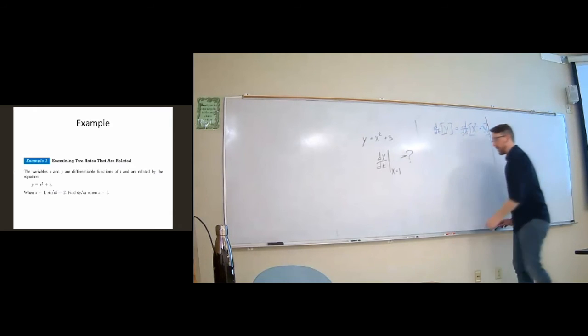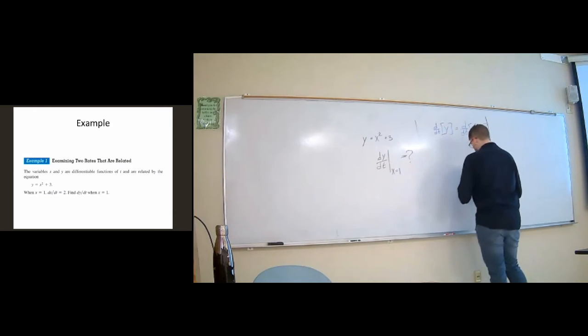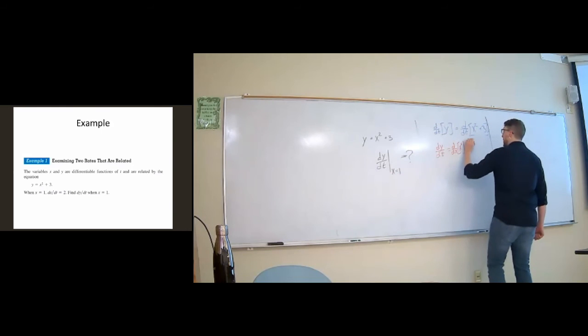Well, from that last section, we just saw this is going to come out to be dy/dt is equal to d/dx of x squared times dx/dt.